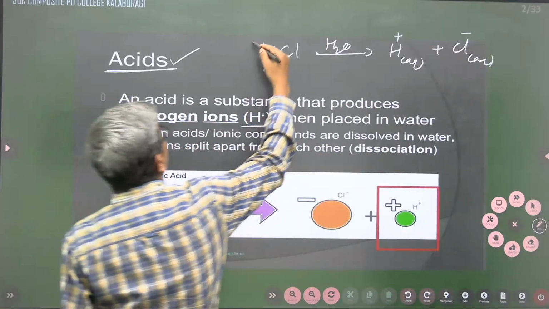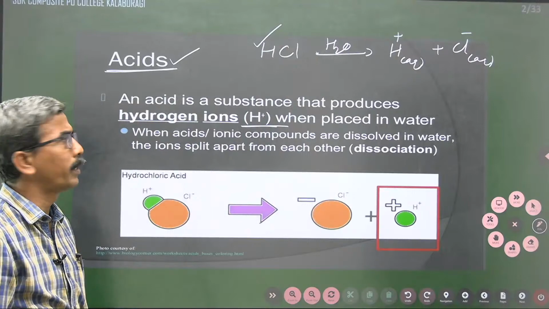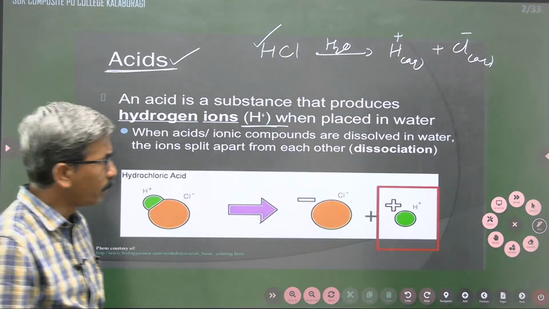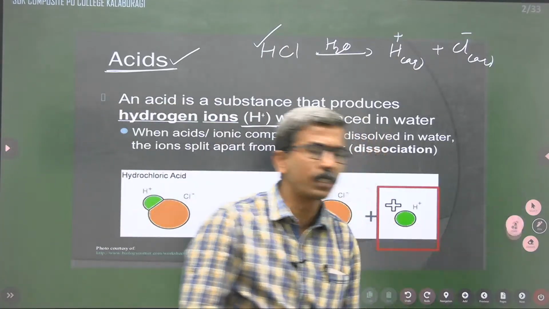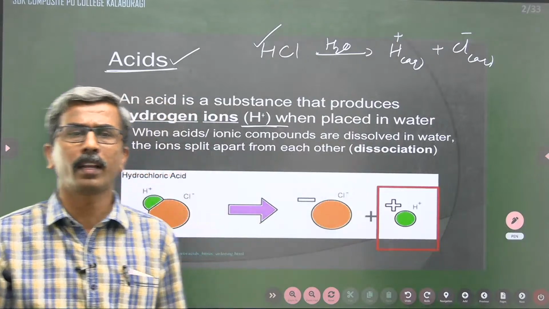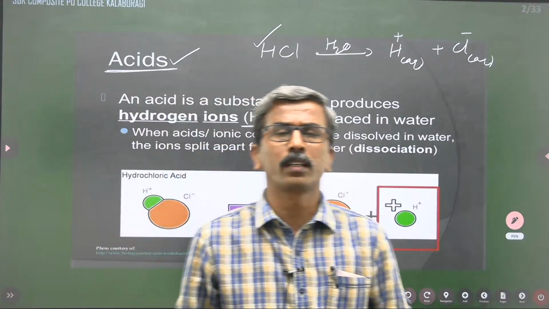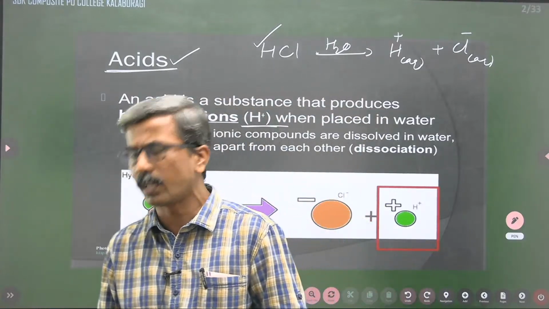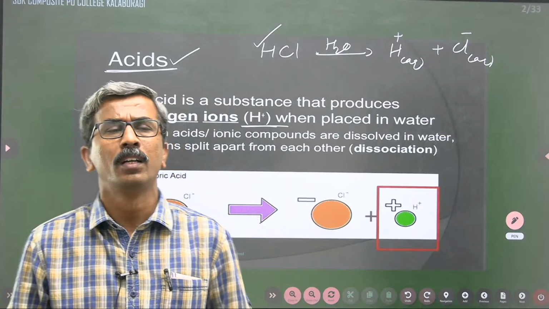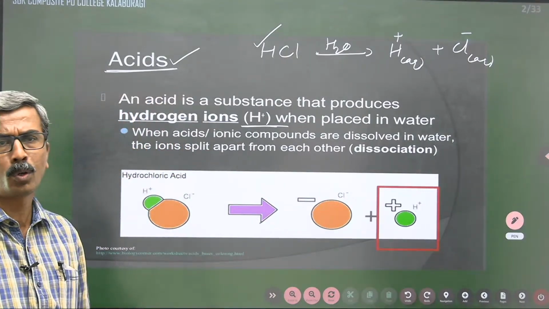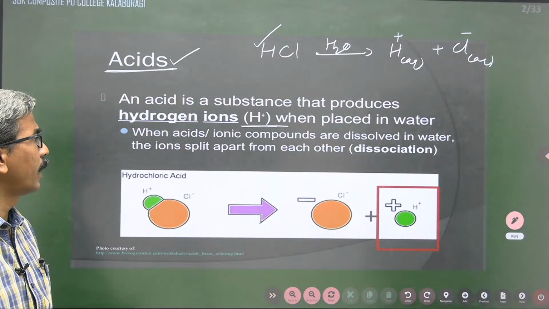That's why this compound, hydrochloric acid, we call an acid. So this is the concept according to Arrhenius: any substance that, when added to water, produces H plus ions, we call an acid.